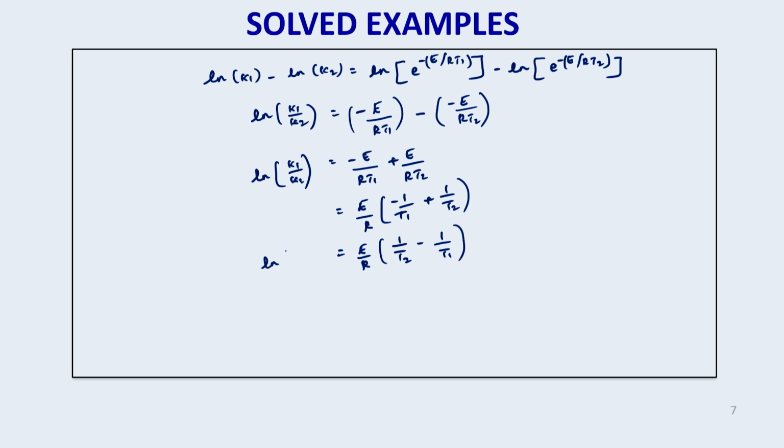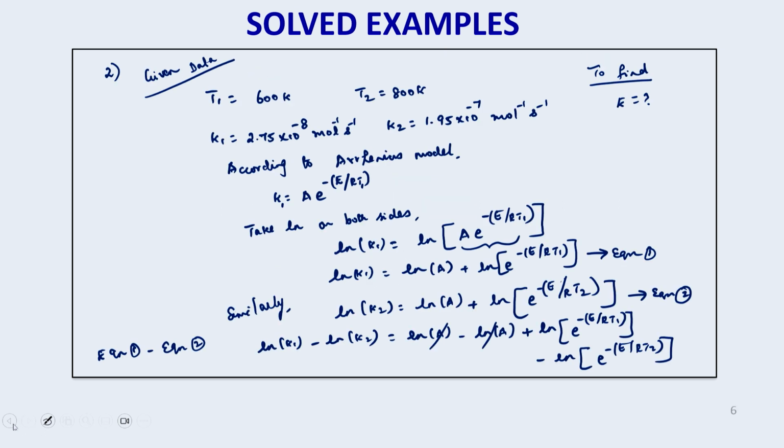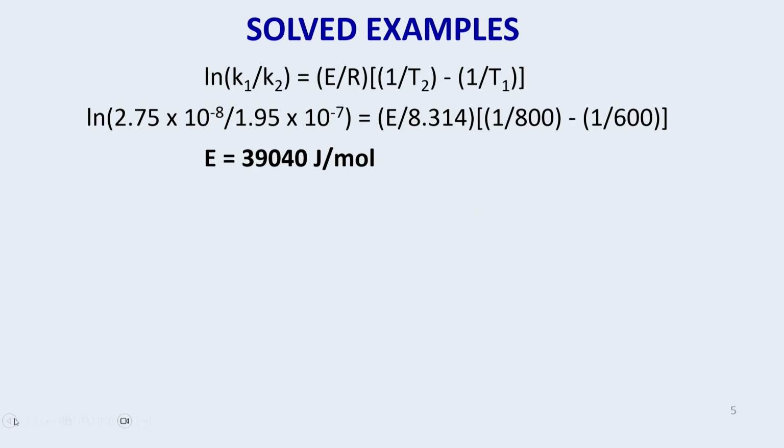Left hand side will be ln of K1 by K2. If you see the given data, K1 is given, K2 is given, T2 is given, T1 is given, and R we know the value, 8.314 joule per mole Kelvin. So substitute all the values, we will get the value of E.